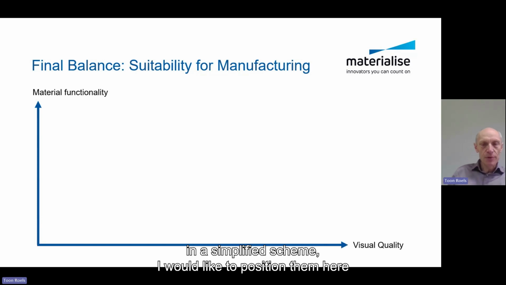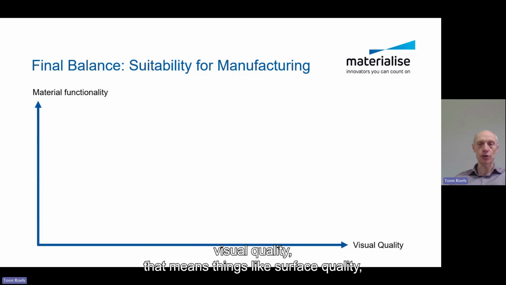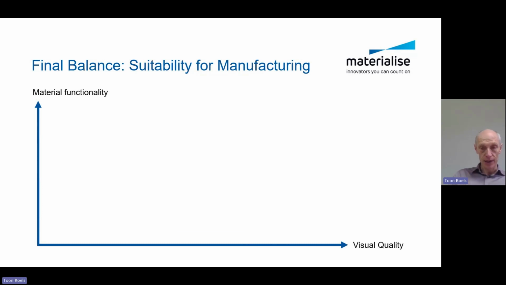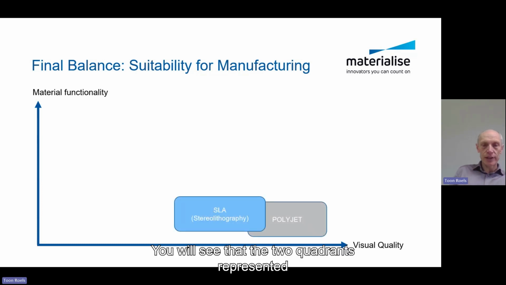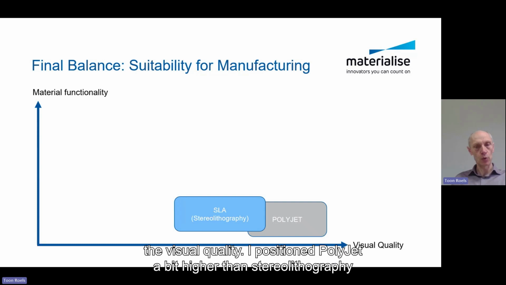And when it comes to positioning these 20 plus technologies, or if you want, these 4 quadrants, in a simplified scheme, I would like to position them here in this axis system, where I display on the x-axis the visual quality. Visual quality means things like surface quality, porosity, ability to print in color or not. You will see that the 2 quadrants represented by stereolithography and polyjet score relatively high on the visual quality.